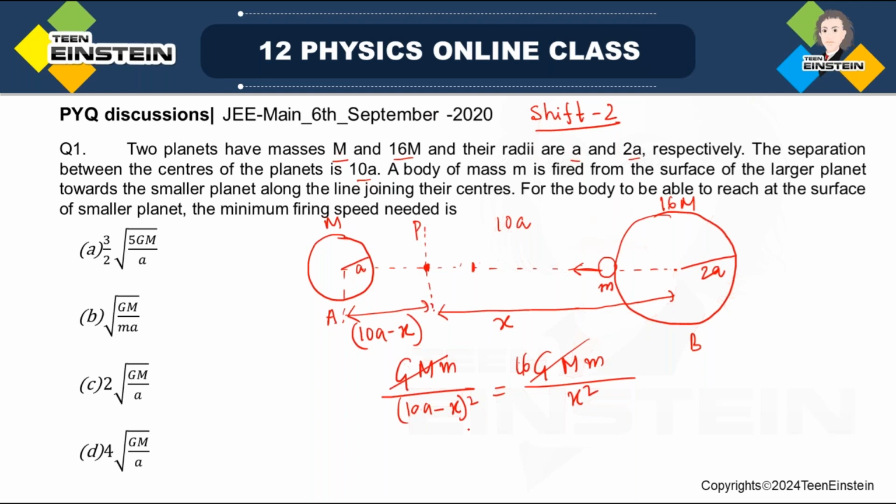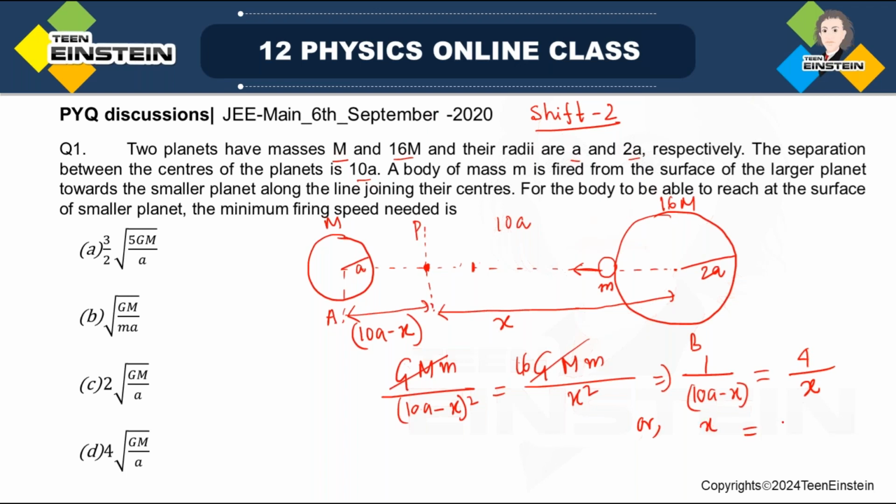Now look, I can just take the square root on both sides. If I consider just positive quantities, this will be 4 divided by 10a minus x.